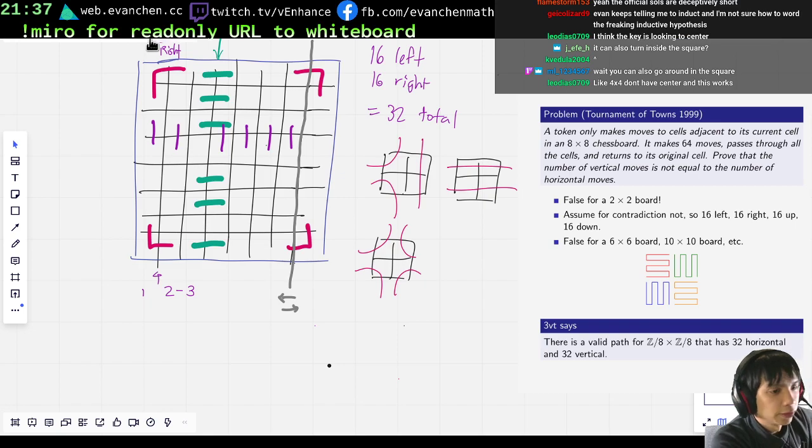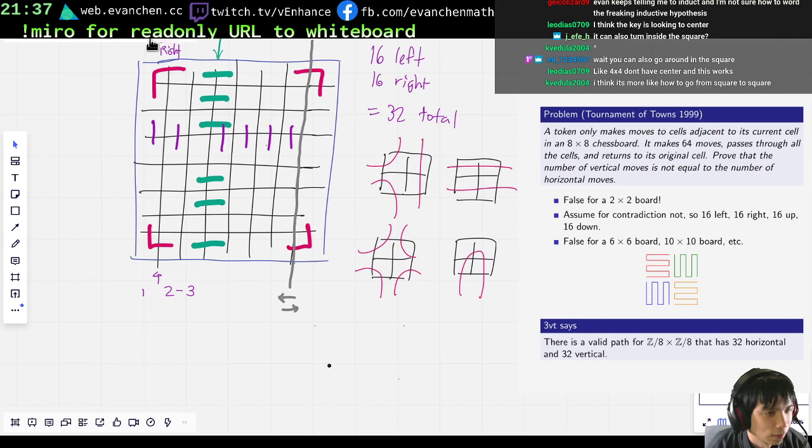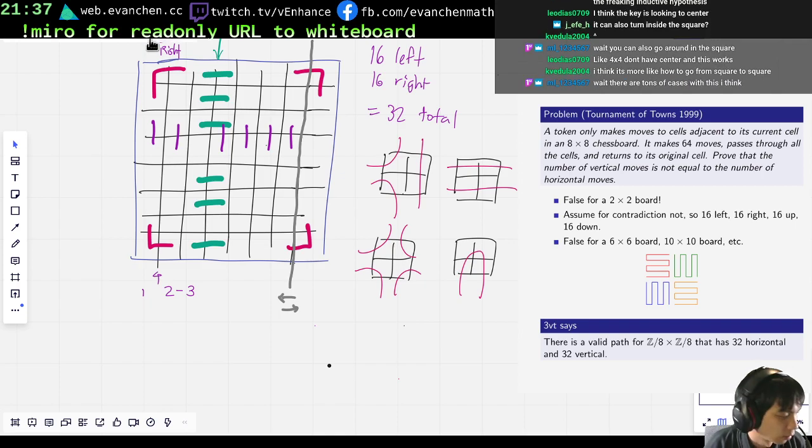You can go around in the square? Oh crap. Yeah, that's true. Like 4 by 4 don't have center and this works.